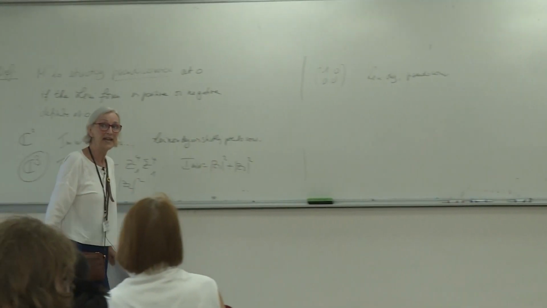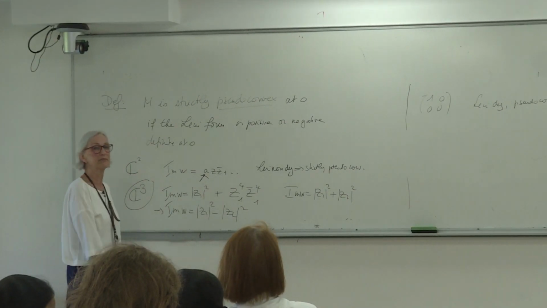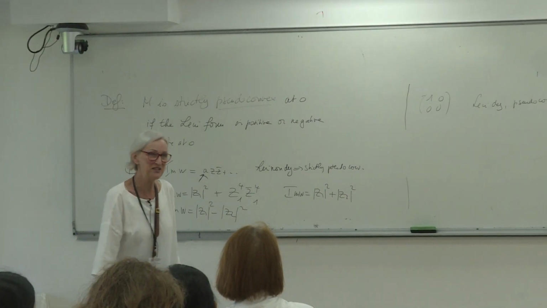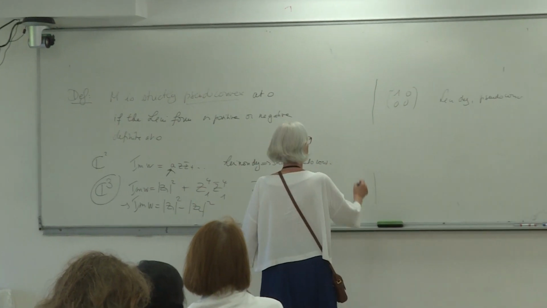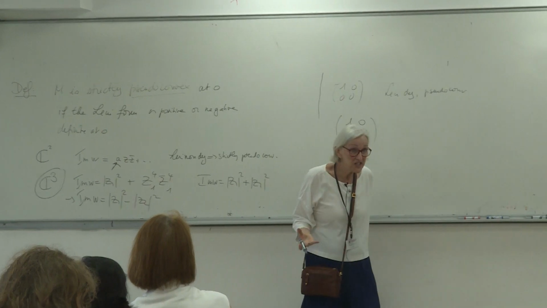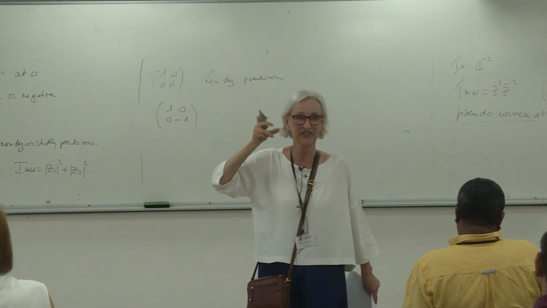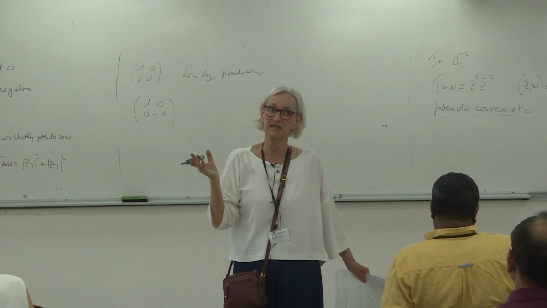Okay. Then, if I take this guy, what is the matrix? 1 and minus 1 on the diagonal. So it's Levi non-degenerate, but you have two eigenvalues of different signs, so it's not pseudo-convex. Okay, you see?